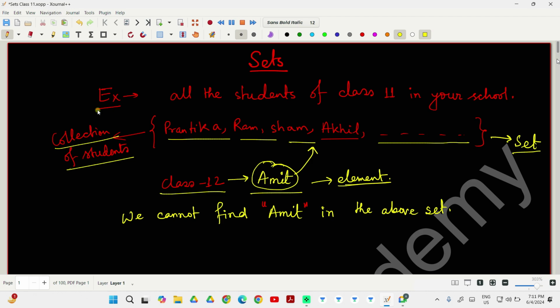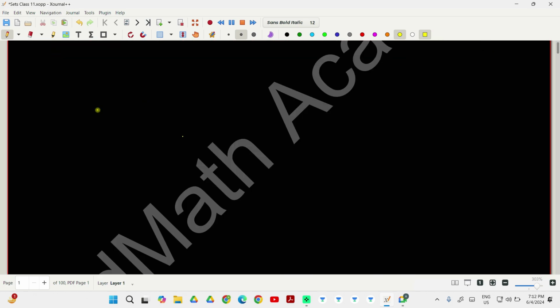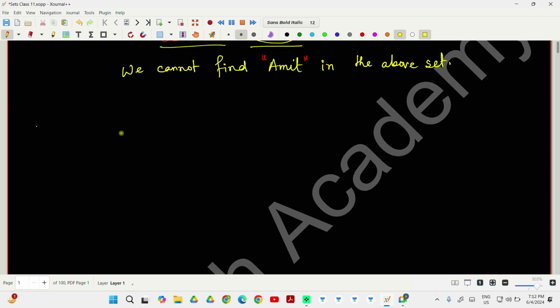But now, let us take another element, say Ram. This is another element, Ram. Is Ram in the set?